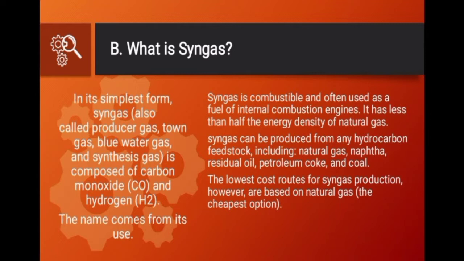It has less than half the energy density of natural gas. Syngas can be produced from any hydrocarbon feedstock, including natural gas, naphtha, residual oil, petroleum coke, and coal. The lowest cost routes for syngas production, however, are based on natural gas, the cheapest option.